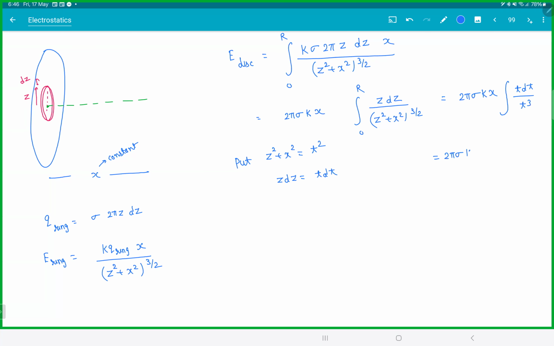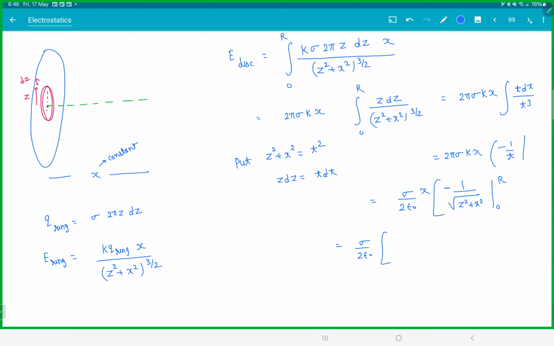That would be 2 pi sigma k x times minus 1 by t. So minus 1 by t integration, and let's put the limits. Sigma is what? K is 1 by 4 pi epsilon. So sigma by 2 epsilon x minus 1 by root over z square plus x square, limits from 0 to r.